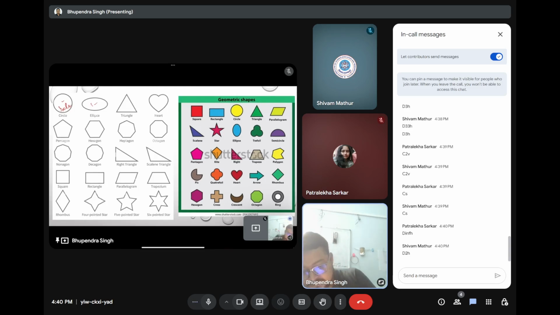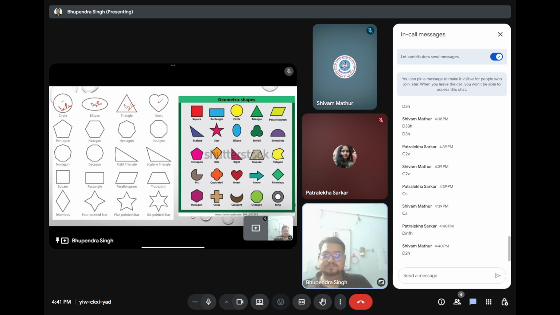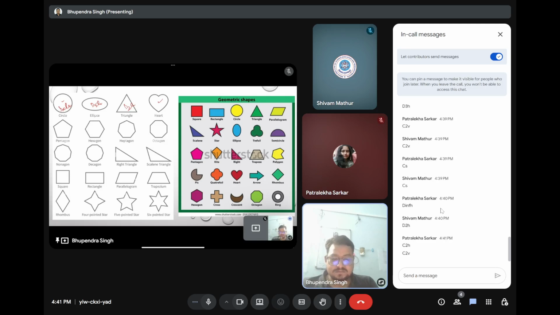Yes, correct. D2H. Oh, this triangle. This is equilateral. You have already told. D3H. Okay. Of this heart. No, it is not C2H. Yes, it is C2V.